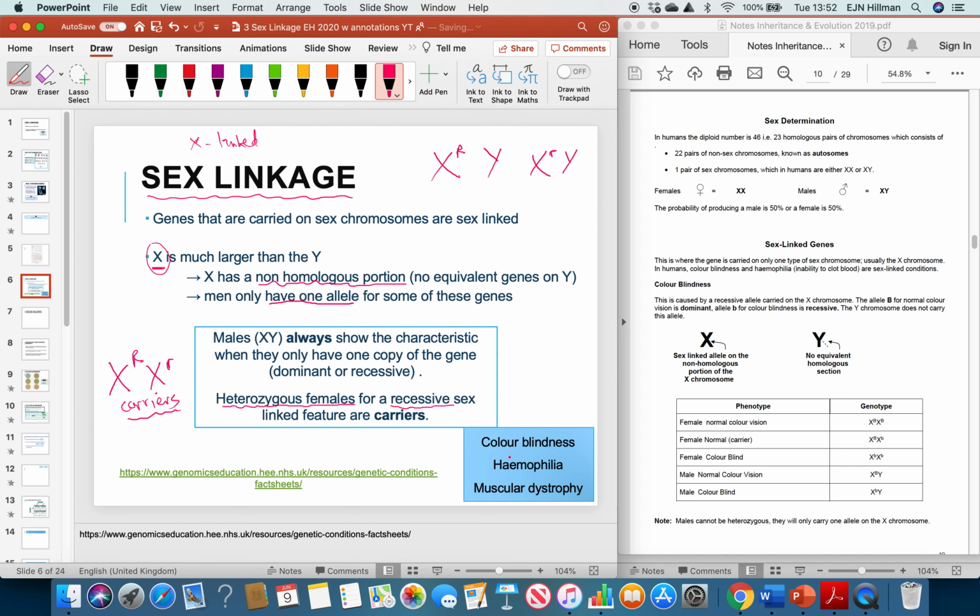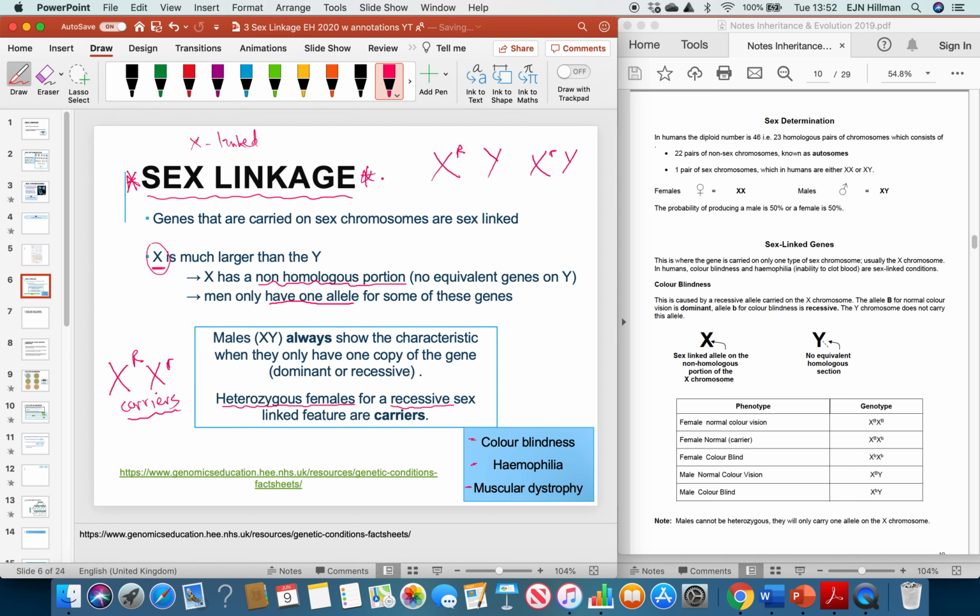Some examples of sex-linked conditions include colour blindness, haemophilia, and muscular dystrophy. And we'll have a look at a couple of those examples shortly. There are others; in your question booklet, there are quite a few different examples. And I will warn you that the examiners absolutely love sex linkage.